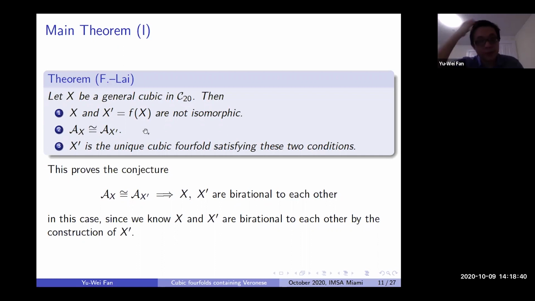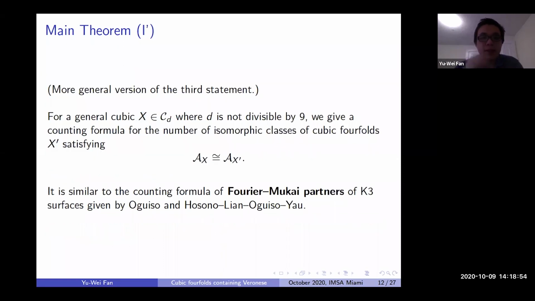This is similar to the notion of Fourier-Mukai partners of K3 surfaces, counting how many K3 surfaces share an equivalent derived category. And we have a counting formula for other discriminants, as long as the discriminant is not divisible by 9.